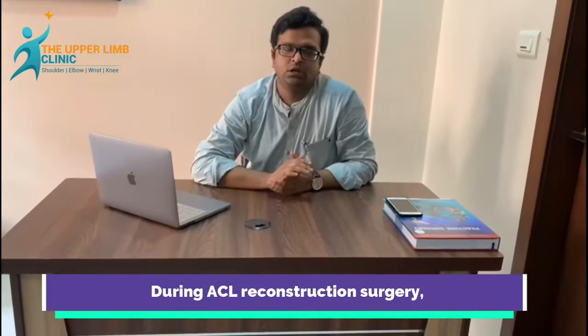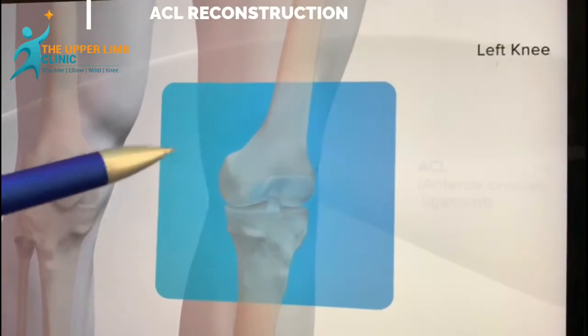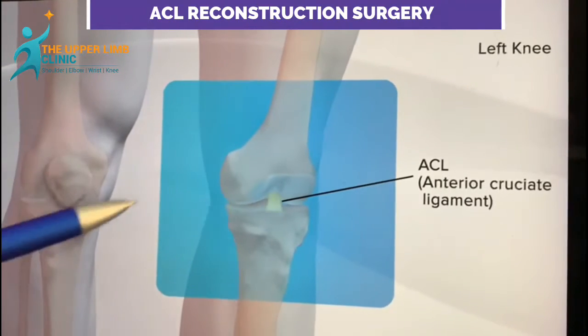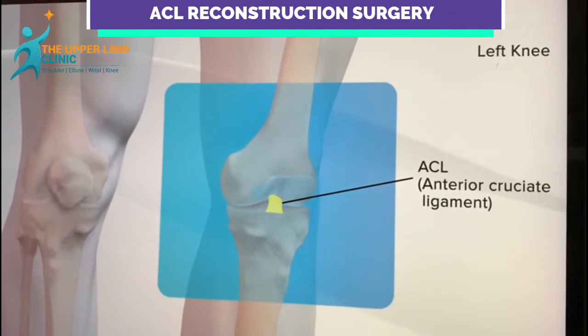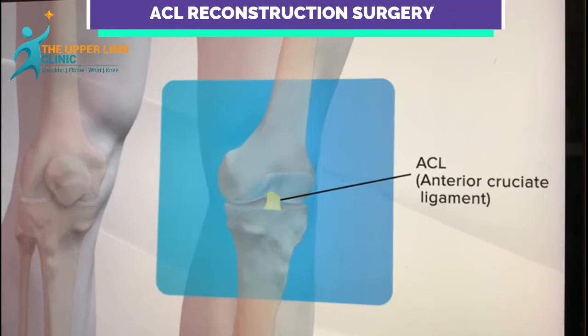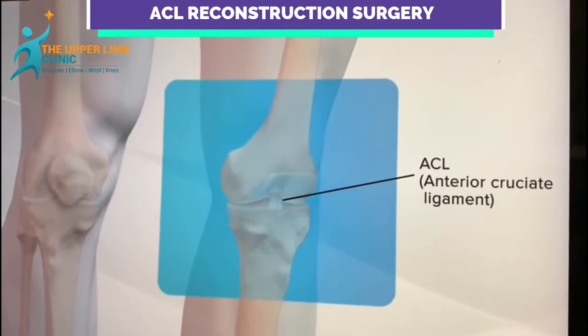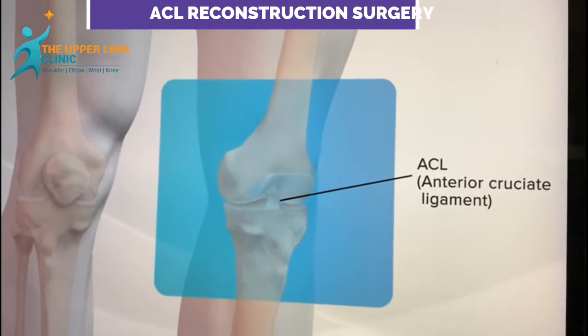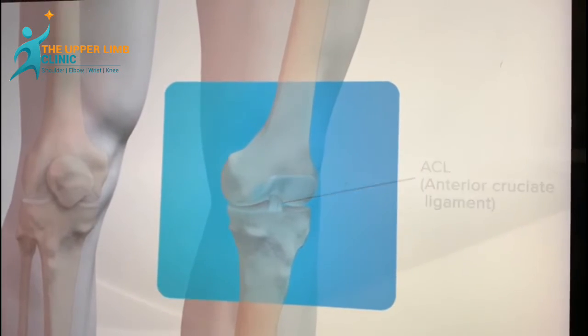Primarily, while doing an ACL reconstruction, I'll show you a video which demonstrates very nicely how we do it. In this we can see a left knee, which points out the ACL, the anterior cruciate ligament. In this animation we will demonstrate how we reconstruct an ACL.